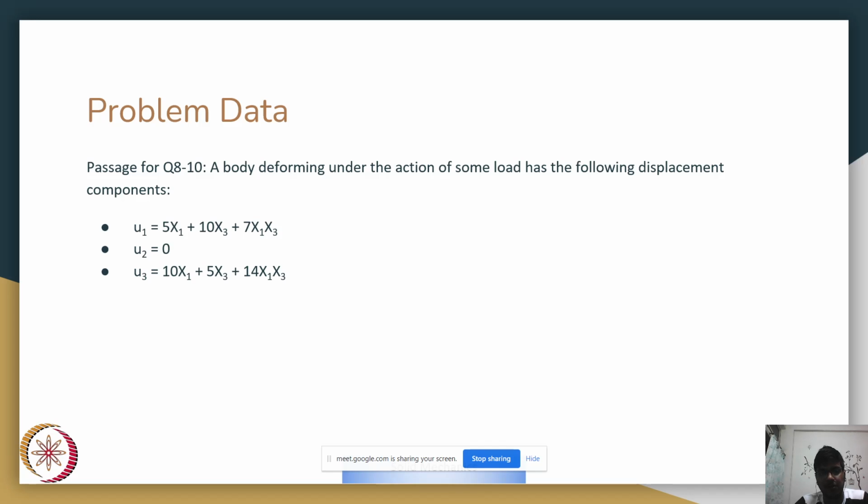So U2 is 0. What can we say about that straight away? So we see that U1 is only a function of x1 and x3. U3 is also a function of x1 and x3, whereas U2 is 0.